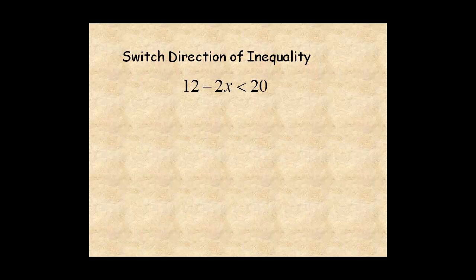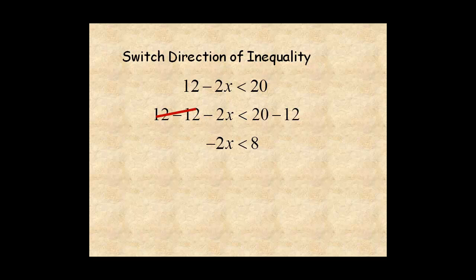So, to solve this inequality, begin by subtracting 12 from both sides. Then divide both sides by -2, switching the inequality from less than to greater than, for a solution x greater than -4.